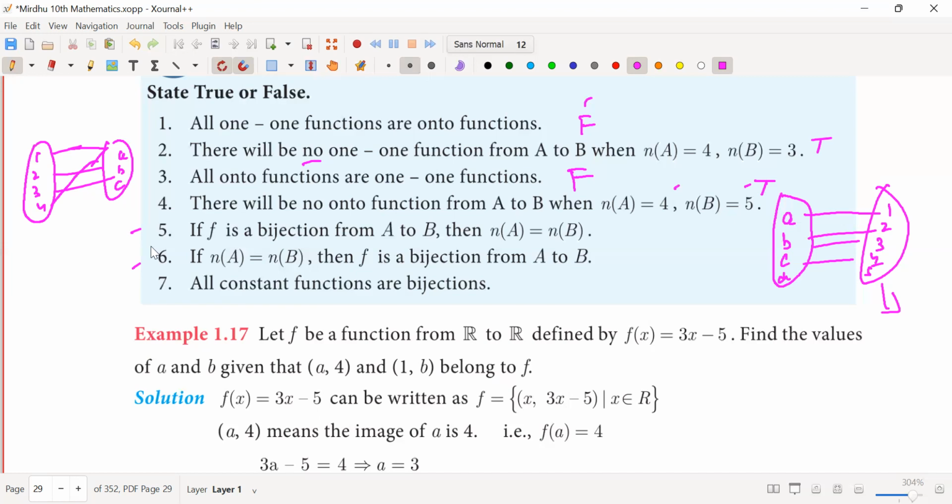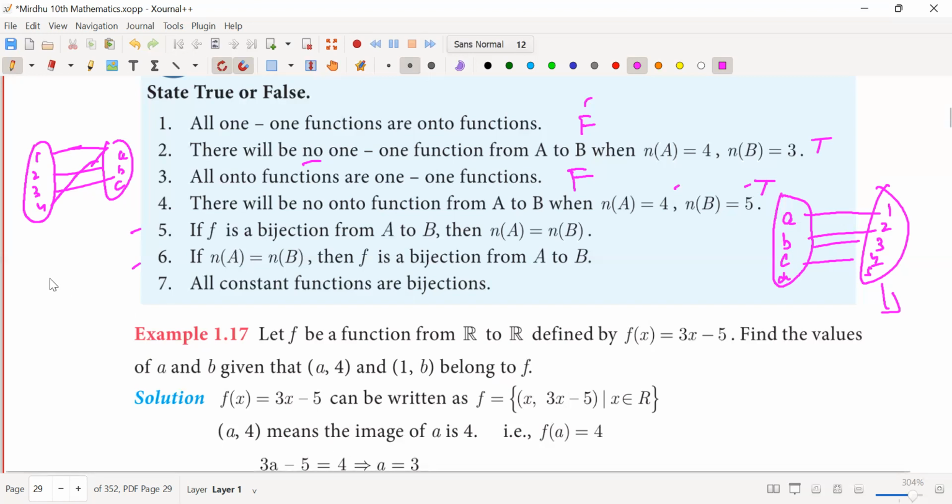But here, this is not. Both are false. You're perceiving that if n of A equals n of B, automatically one is going to one. They are just giving the number of terms alone. They haven't given any other extra data.